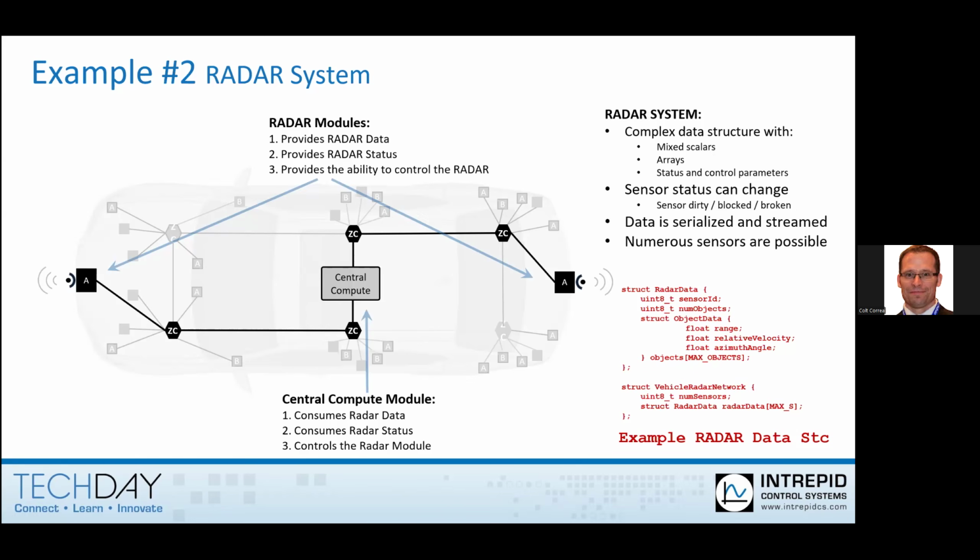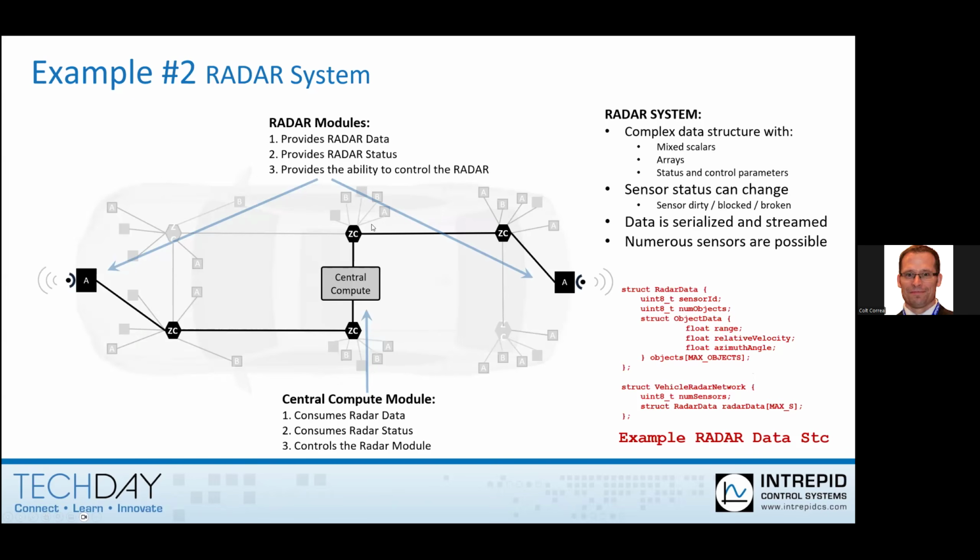And just like the phone example, this radar example will have some relatively complex data. In this particular case, it's a structure: we might have a sensor ID, the number of objects detected, and then for each object, you might have a range, velocity, angle, and a maximum number of objects.